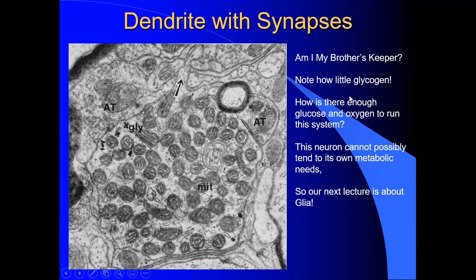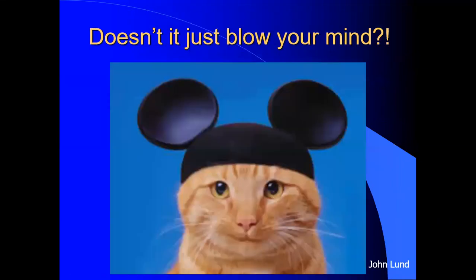So the question is, how is there enough glucose? How is there enough oxygen for this cell to run? My answer is, not from the neuron. The neuron is so specialized that it can't maintain itself. Therefore, the next lecture is about glial cells, and we're done.